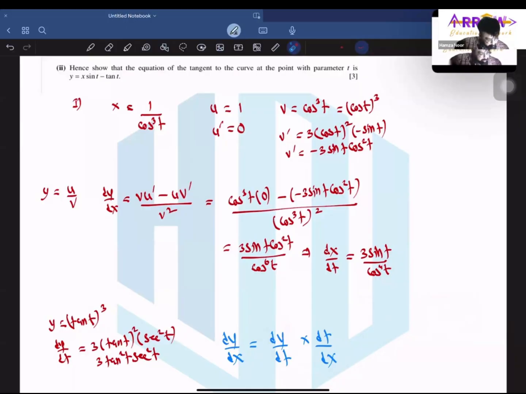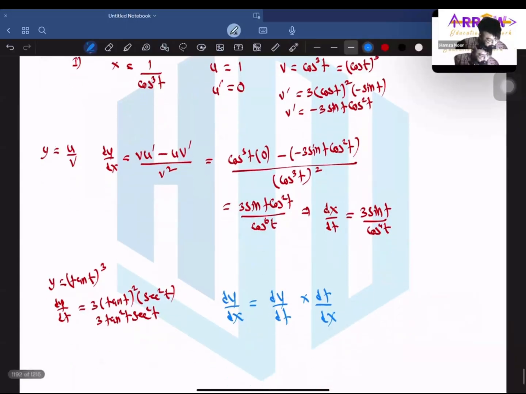So dy over dx equals, first we write the dy over dt function, which is 3 tan square t multiplied by sec square t, and then multiplied by dt over dx.